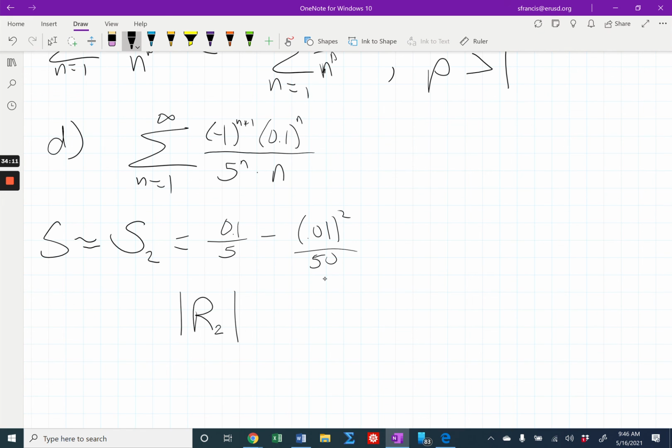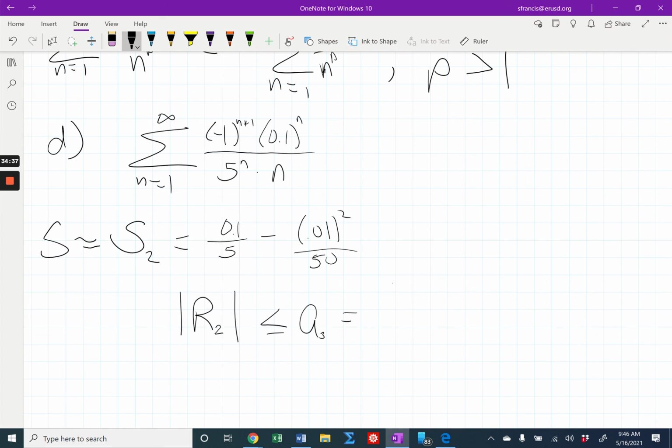Now we're finding the second partial sum, so that means this is going to be less than or equal to a sub 3. Now a sub 3 is this term with 3 in it. We'll ignore the negative and make it a magnitude, but it doesn't matter because 3 plus 1 is 4, so it's going to become positive anyway.